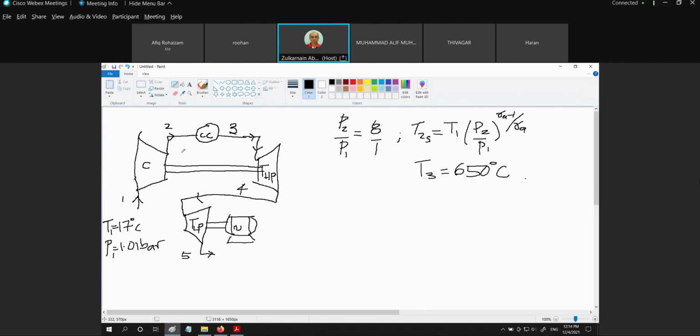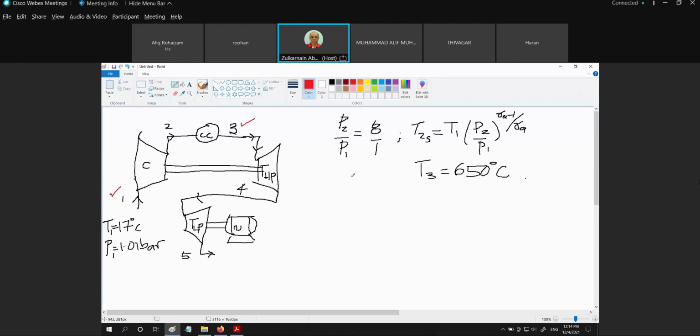Okay? And remember, this temperature is given. This temperature is given. Okay. So now let us look at how we solve this type of schematic diagram.